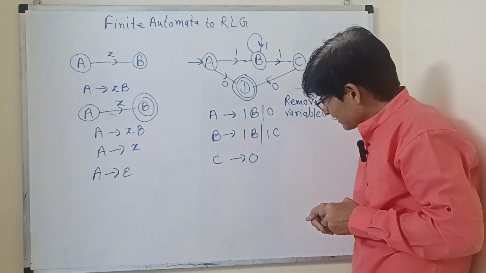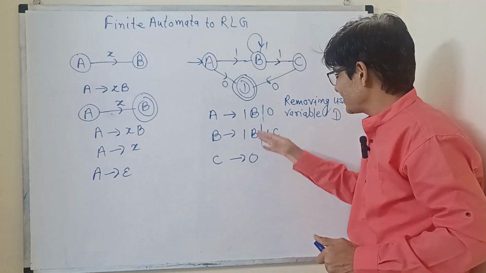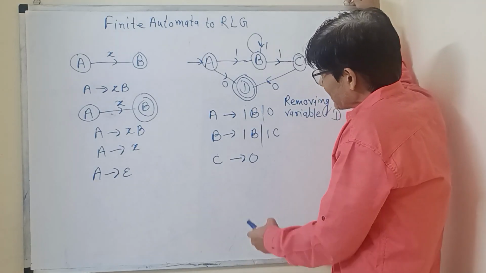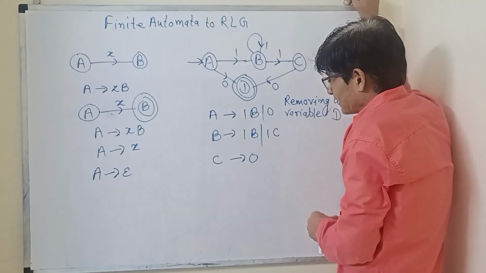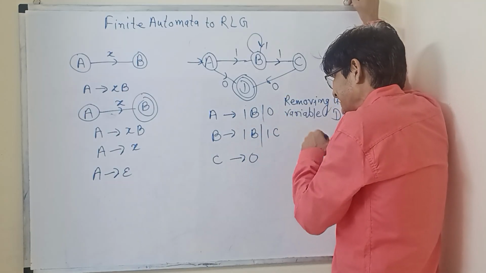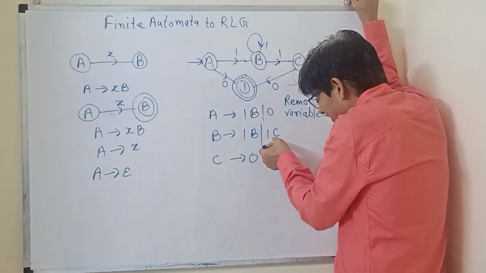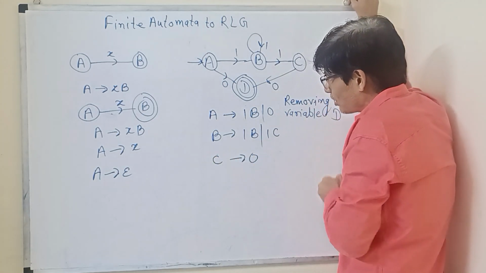Now we can reduce this grammar further. You can see we have only one production of C, and only one production where C is on the right hand side. So if we replace this C with its production, we can remove this production also.